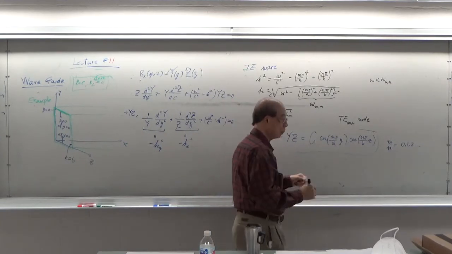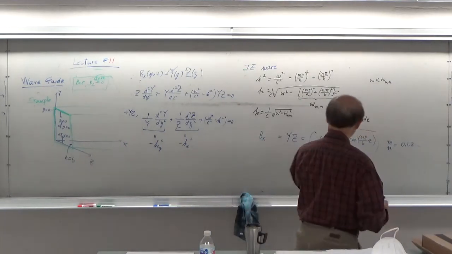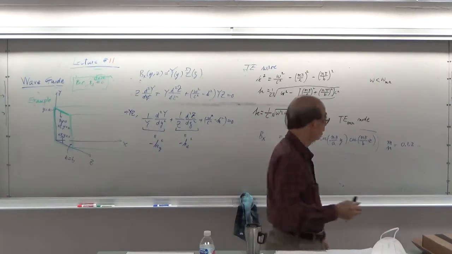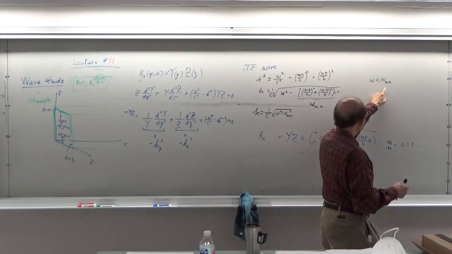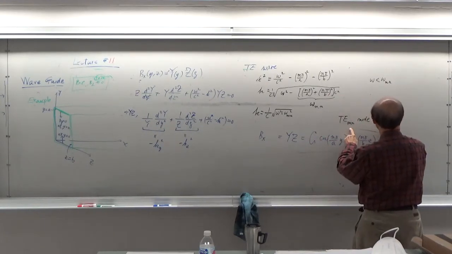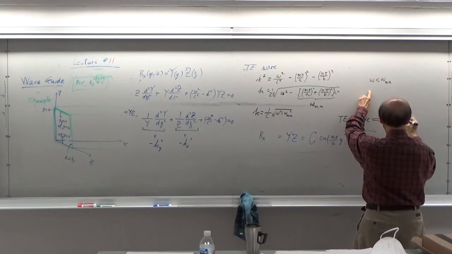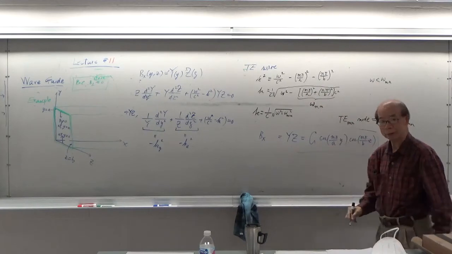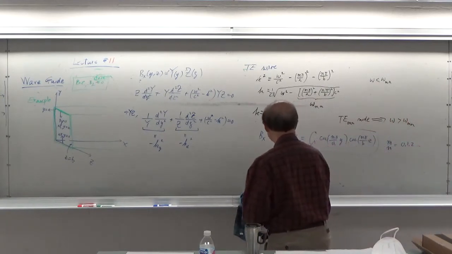So the k will be imaginary. The imaginary k corresponds to an attenuated wave, no propagation. So in order to have this mn mode, you need the frequency to be greater than omega mn. Omega mn came here. All right?